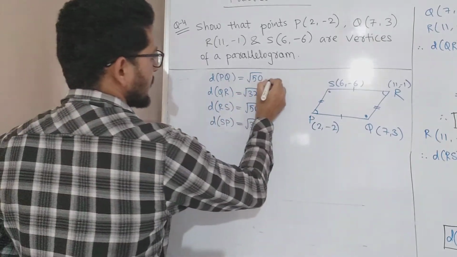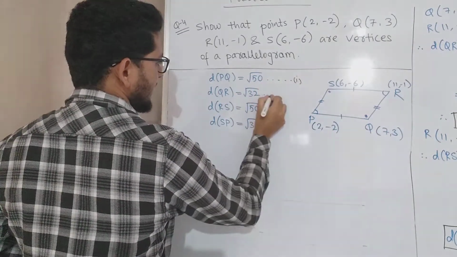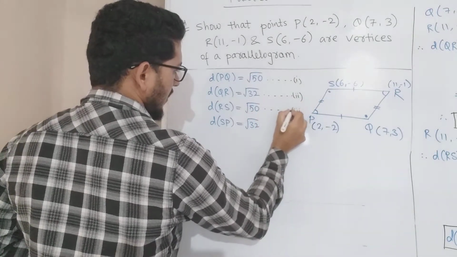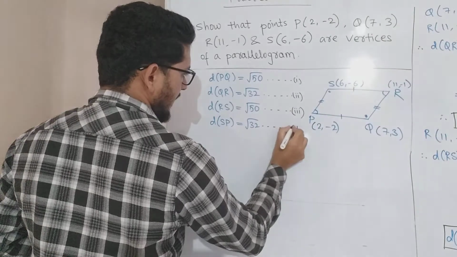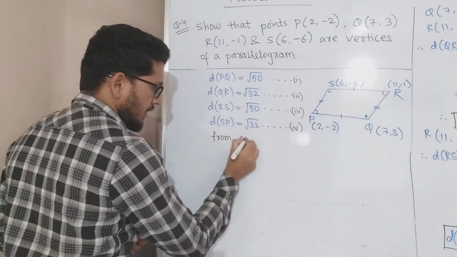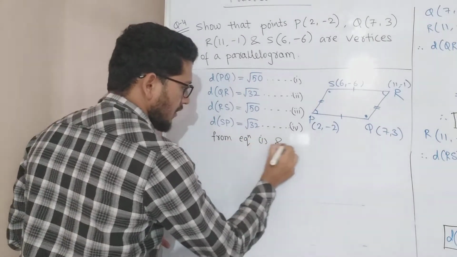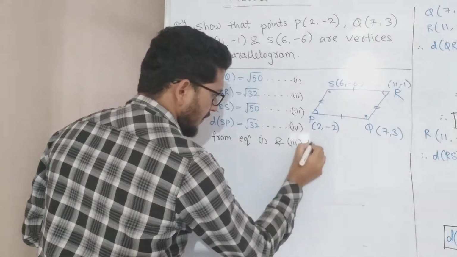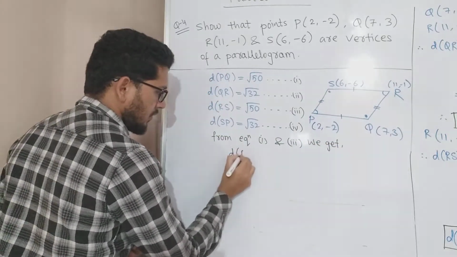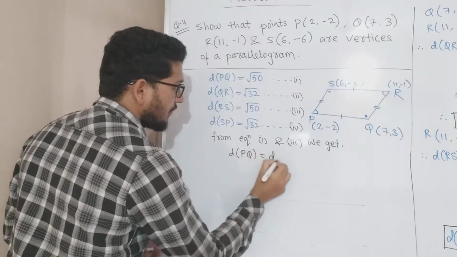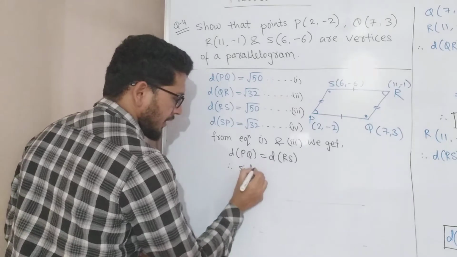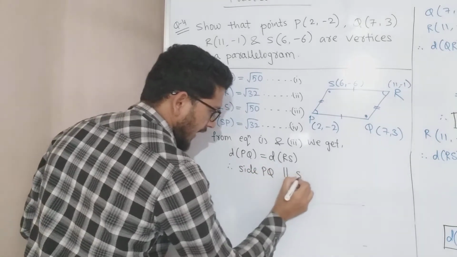So if you call this equation number 1, this is 2, this is 3 and this is 4. Then we can write from equation 1 and 3, we get distance of PQ is equal to distance of RS. Therefore, side PQ is parallel to side RS.